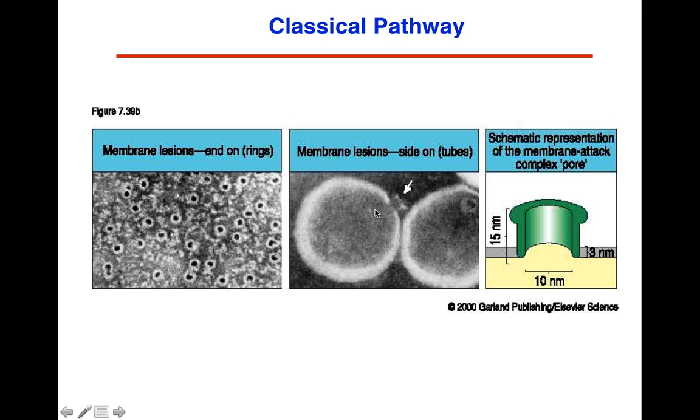And you can see here, this is a membrane lesion where you can see the side, and there's a tube that goes right through this membrane. And so that is referred to as the MAC complex, and it is the critical thing that complement does in terms of destruction of the cell.